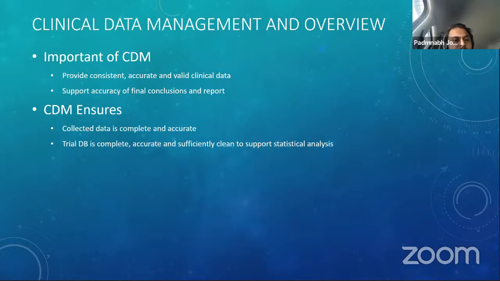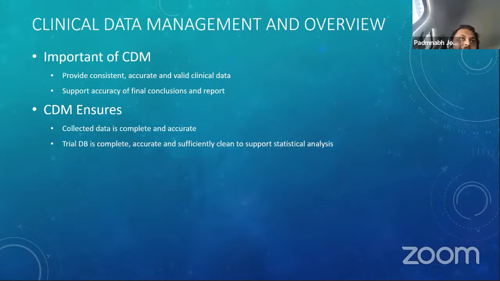This tool is nothing but a database for us, because this database helps capture the information in a secure and valid environment. We have to ensure that this database, where the data is getting captured, has complete and accurate data. At the same time, it is sufficiently clean to ensure that the statistician group gets the key requirements out of the data that is being cleaned and captured.